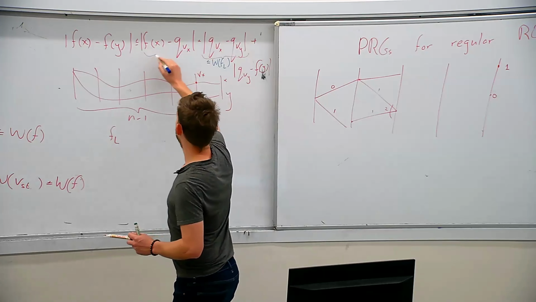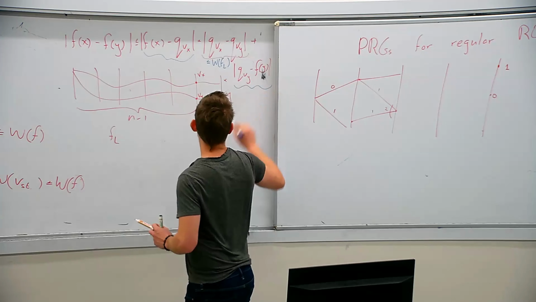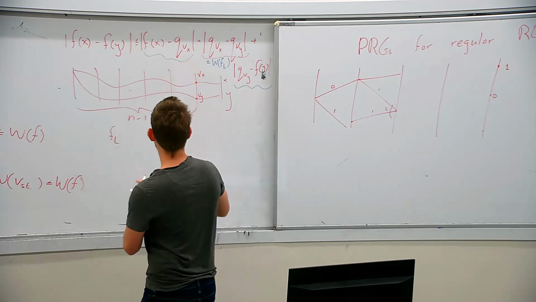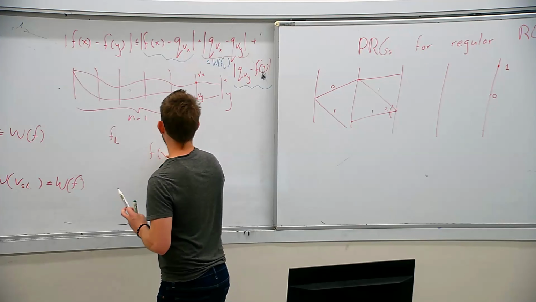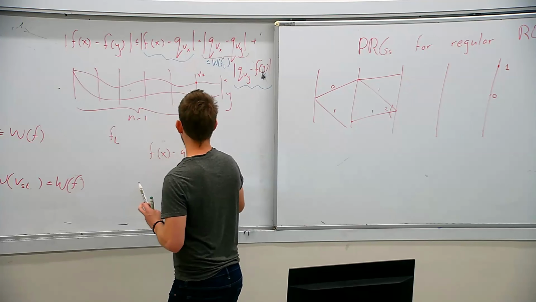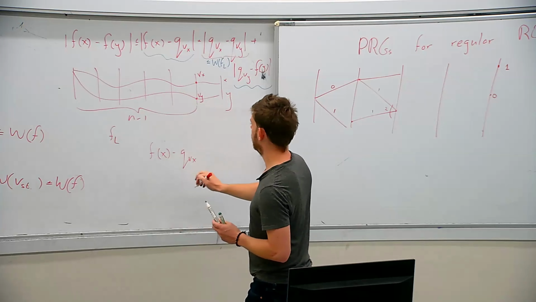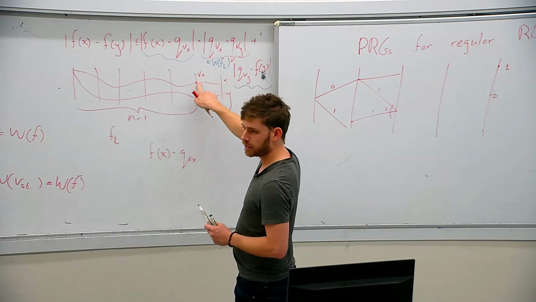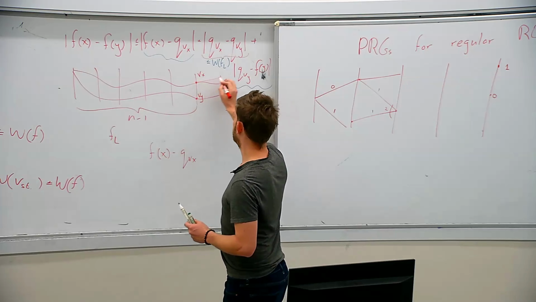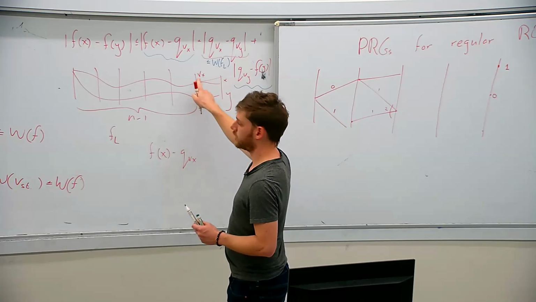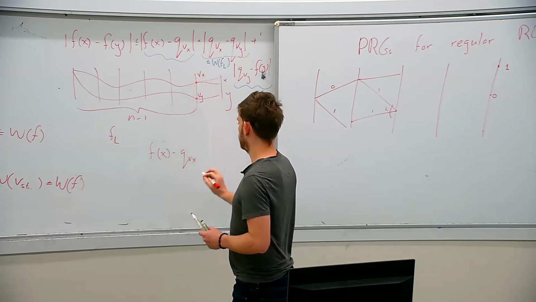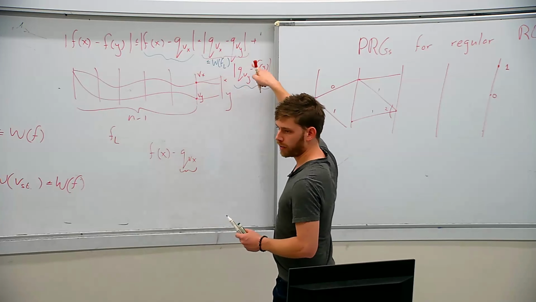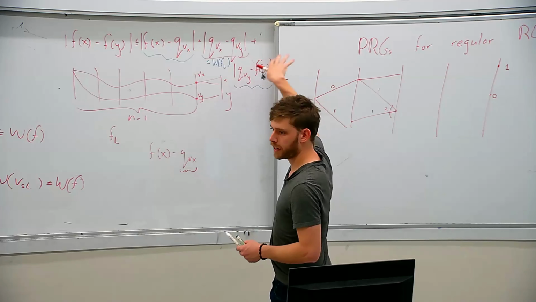And for these, we only have to open this term. So f of x minus the q of x, what's q of x? It's the step before the ones, right? So Vx is this one. So what's the value q for this vertex? This one is the expectation over the uniform continuation.